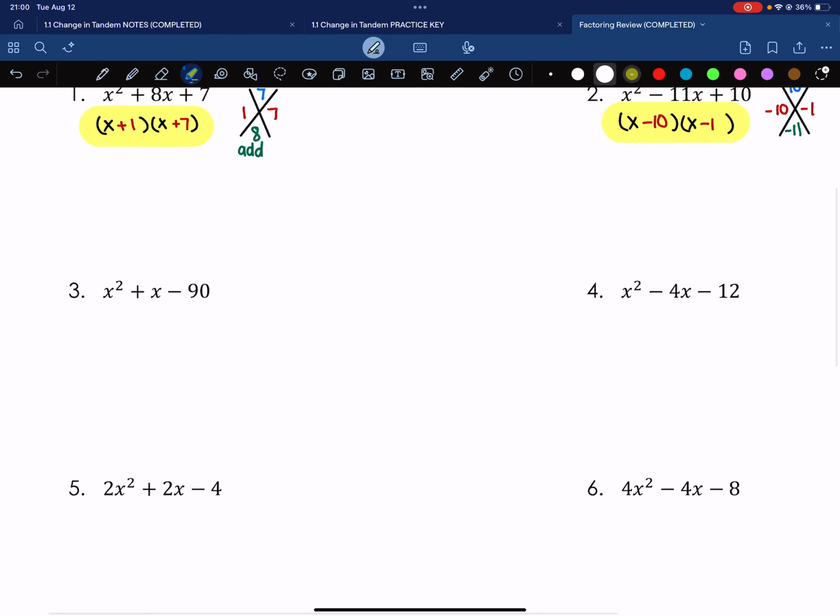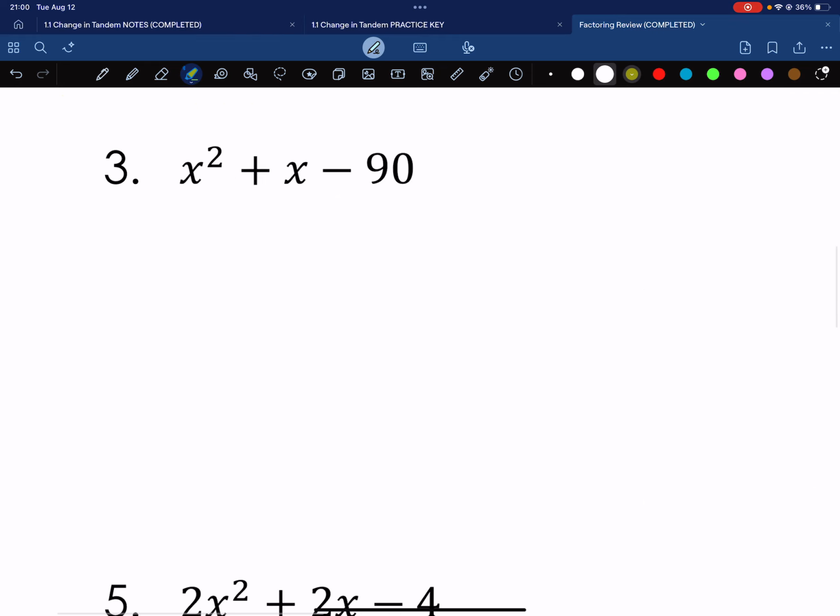Okay. Next one. Ask yourself, is there a number in front of the x squared? No. Okay, so then we can go into what numbers can we multiply to give us negative 90 this time, and those same two numbers are going to add to give us a positive 1.